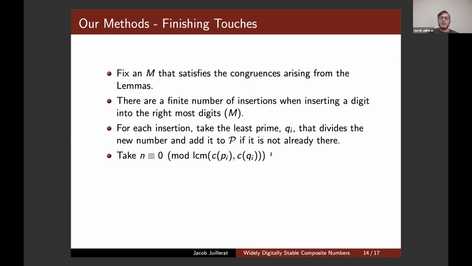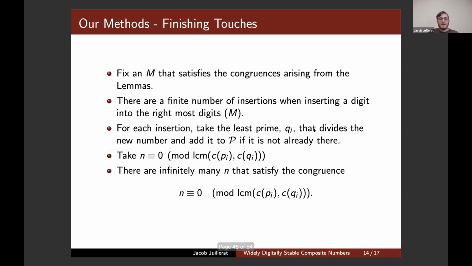That'll make capital N large enough that it's larger than this q_i, so it's now actually divisible by it instead of just equal to it. There are infinitely many such n that satisfy this congruence. Therefore, we have infinitely many widely digitally stable composite numbers.